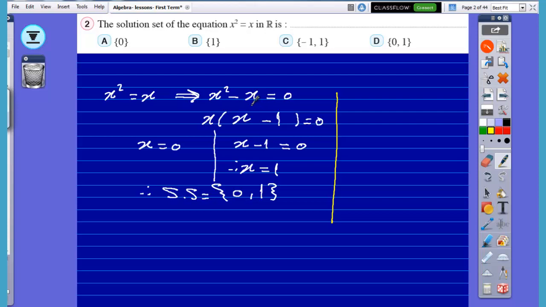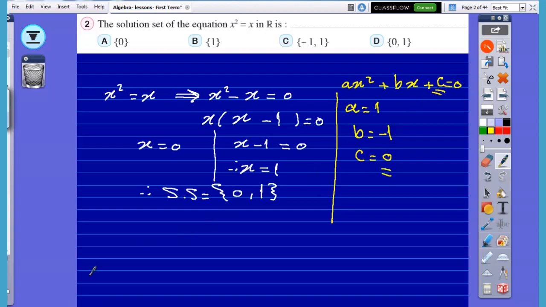We can write a equals 1 and b equals negative 1 and c equals 0, because the standard form for this equation is ax squared plus bx plus c equals 0.